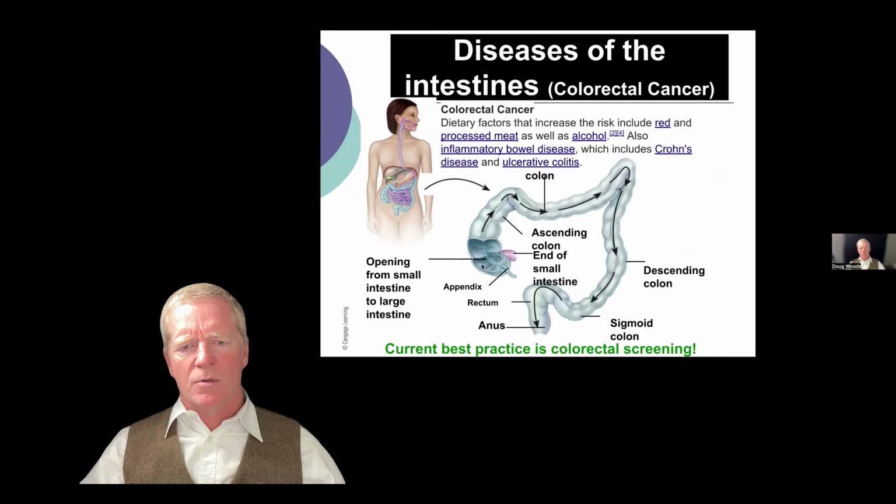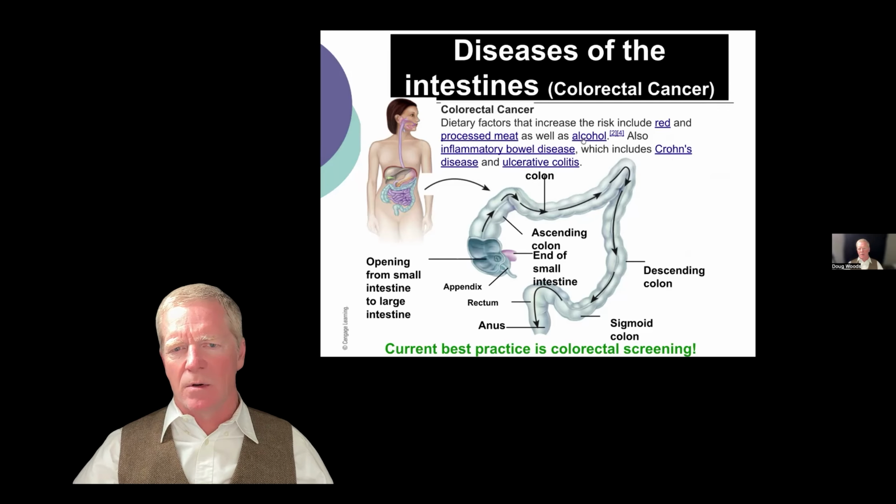So there's an increased risk of those kinds of pro-inflammatory diseases, cancer, and inflammatory bowel diseases in the colon, if there is a low fiber diet, or if you're exposed to high levels of processed meats, alcohol, and certain other chemical agents that damage the colon.